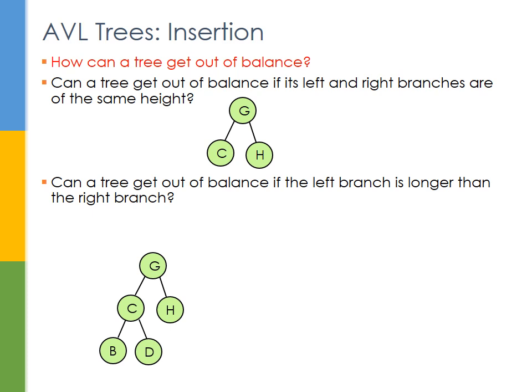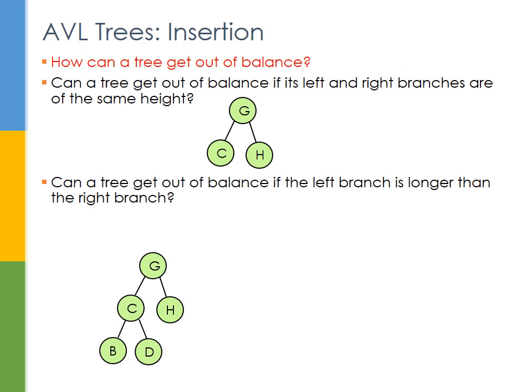So pause the video again and try to answer this question. So the answer then depends on where the insertion occurs. If we perform an insertion that falls under node H over here, we still have a balanced AVL tree. However, if we perform an insertion into the left subtree of node G, then an unbalanced AVL tree will be created.